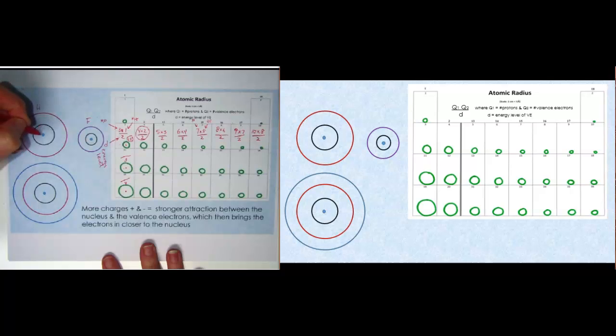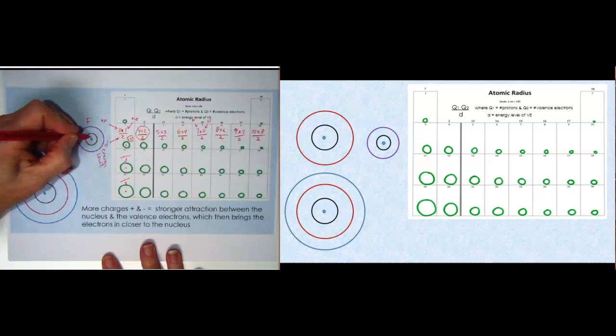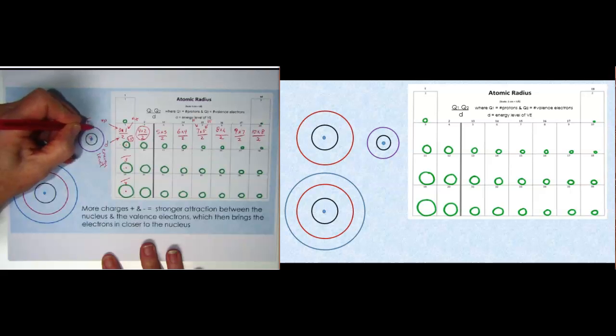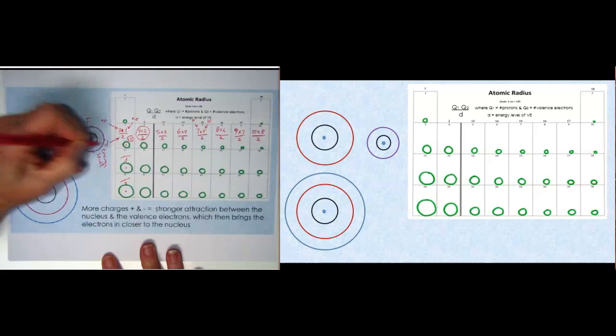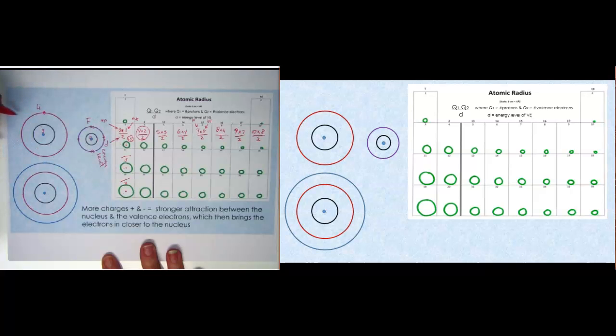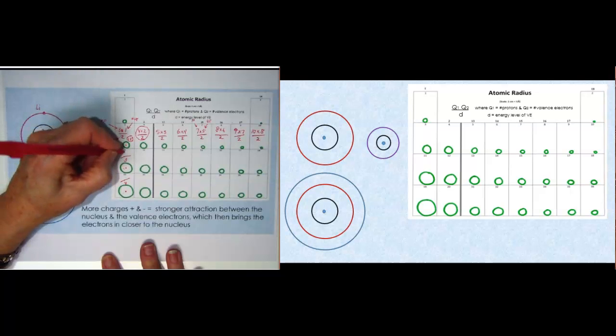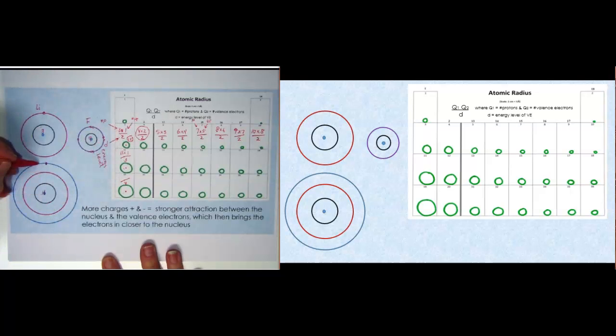What we're looking at is a number of protons of 3 and 1 valence electron, versus fluorine, where we have 9 protons and 1, 2, 3, 4, 5, 6, 7 valence electrons. If we're coming down here, we're now on sodium because it's 1, 2, 3. We're going to have now 11 protons. All we're really interested in is the valence electron, so it has 11 and 1, but we are now on the 3rd energy level. So hopefully that makes sense to you.